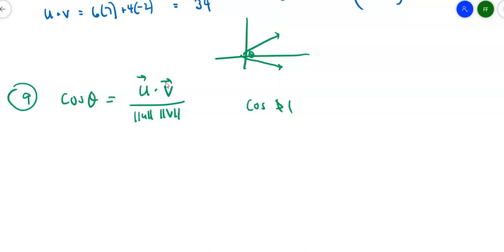Which means what? Which means that the numerator can't be any bigger than the denominator. So the numerator can be equal to the denominator, but the numerator can't be more than the denominator. So the numerator has to be less than or equal to the denominator. Otherwise, we don't have a valid value for cosine.